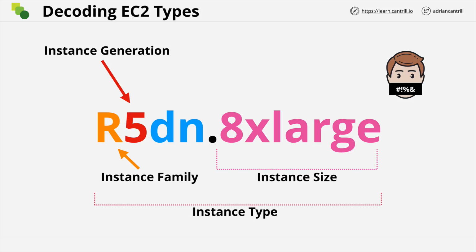Now the bit which is in the middle, this can vary. There might be no letters between the generation and size, but there's often a collection of letters which denote additional capabilities. Common examples include a lowercase a, which signifies AMD CPUs, a lowercase d, which signifies NVMe storage, a lowercase n, which signifies network optimized, a lowercase e for extra capacity, which could be RAM or storage.